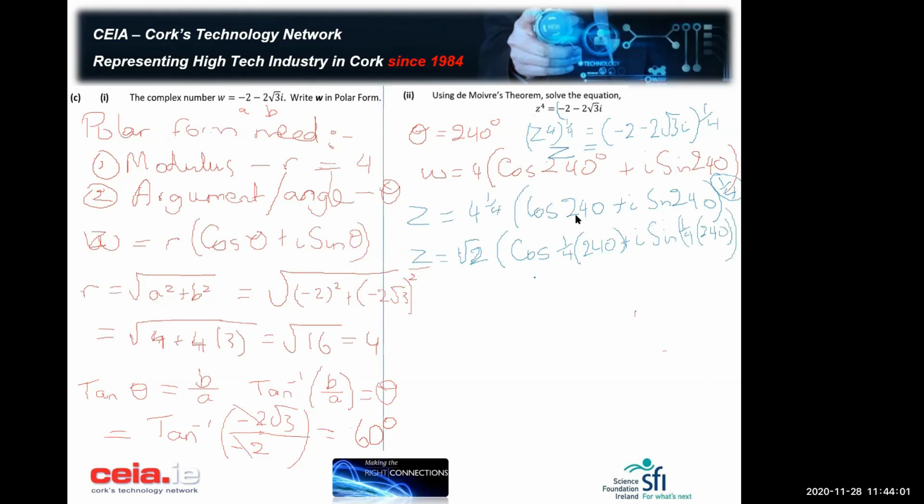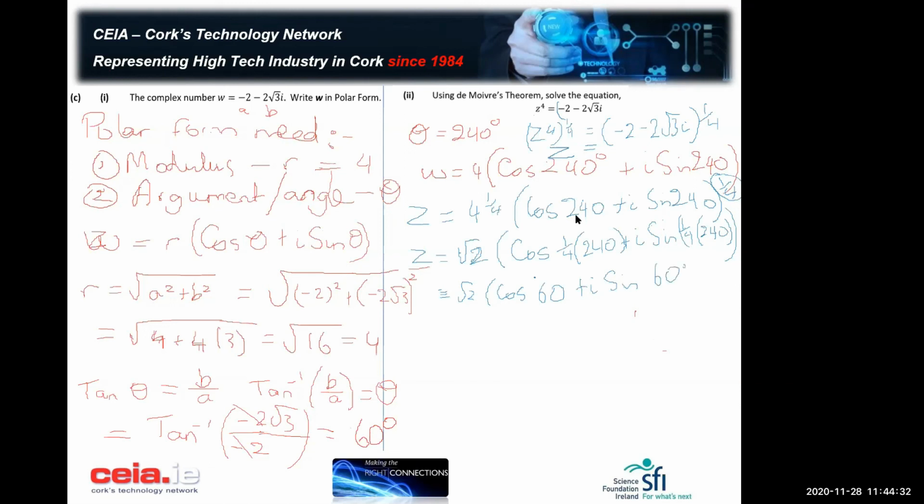That's the beauty of De Moivre's theorem. It lets you multiply in the power rather than trying to find the fourth root of it. But that gives us very nicely z is equal to 2 times cos of a quarter of 240, which is 60, that's 60 plus i sine 60.